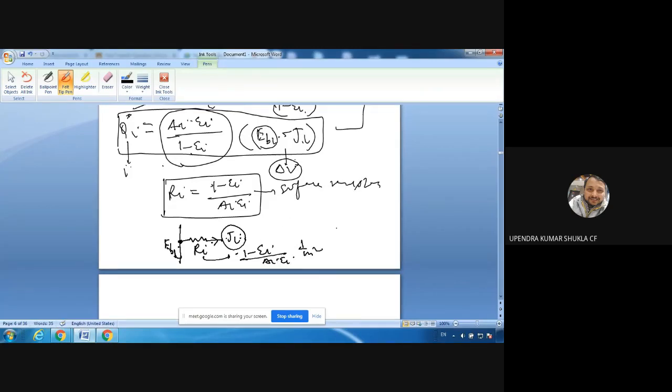Now this resistance is different from the earlier resistances that you have studied. In conduction and convection, you have studied L upon kA and 1 upon hA resistances, and the voltage differences in those are temperature differences. But here the voltage difference is not the temperature difference, but Eb1 minus J1, the radiosity.